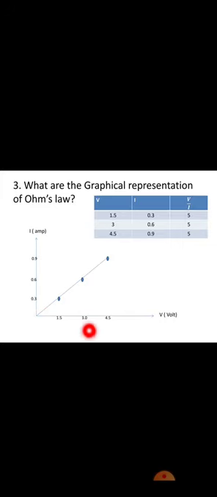At 3 voltage, the current is 0.6. At 4.5 voltage, the current is 0.9. Now when the 3 dots are connected you get a straight line. This straight line shows the graphical representation of Ohm's law. Here you see the current increases with the increase of voltage, but their ratio remains constant. That ratio is called the resistance of the conducting wire.